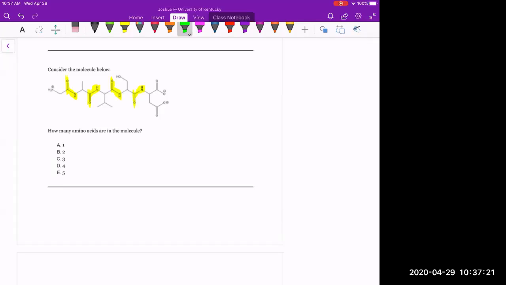Another thing we can look at too is that's an alpha carbon. Hydrogen is its side chain. That would be glycine. 2, alanine. Valine. Serine. And then aspartic acid, aspartate.